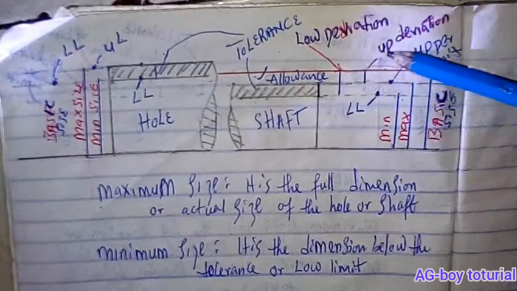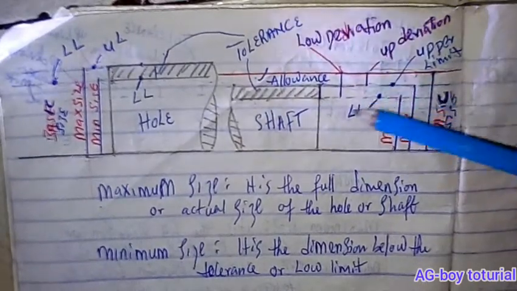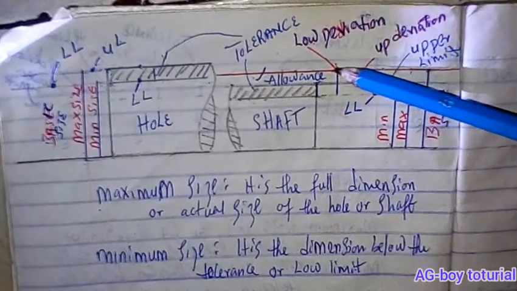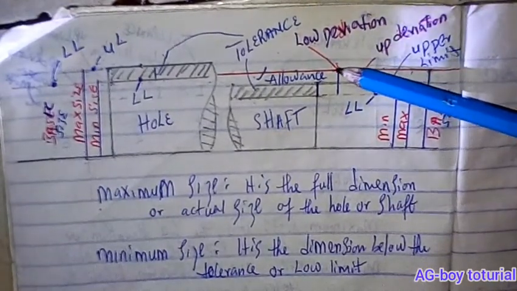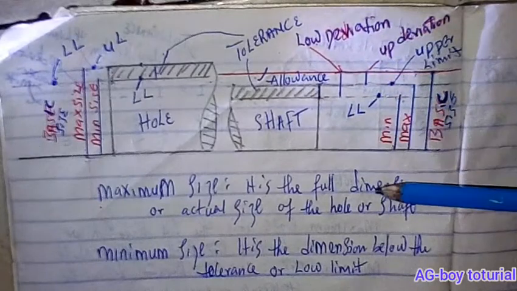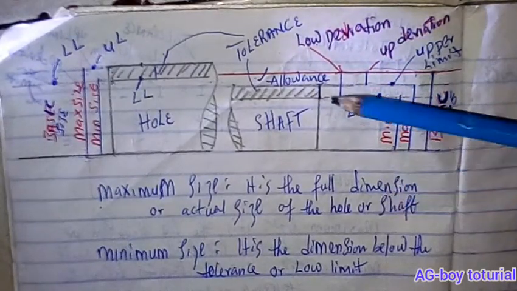That is my upper deviation. Then my lower deviation is from my basic size, this line here, down to my lower limit of my tolerance down here. That is my lower deviation.